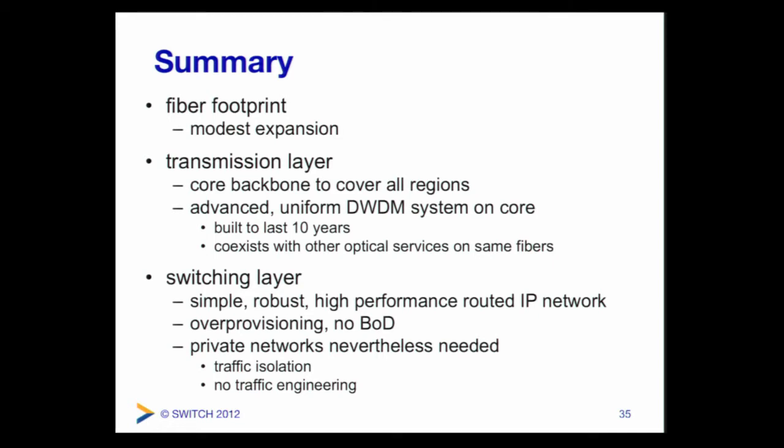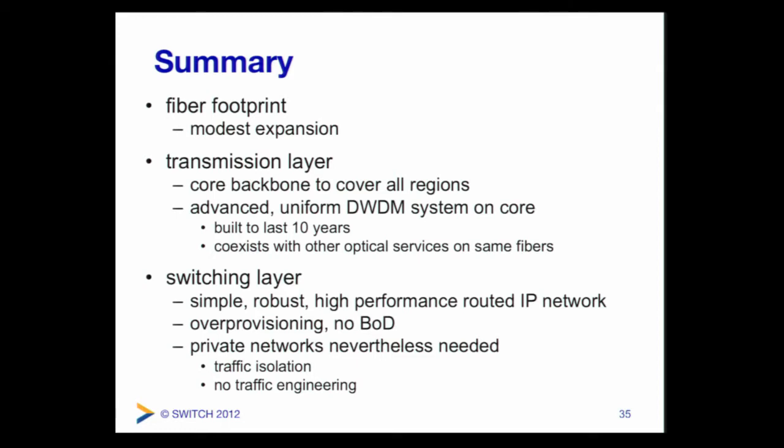We plan for 10 years again, not only for 4 years. I think the decision we make and the vendor we select for the DWDM system will be for 10 years, I guess. And we would very much like to have coexisting services on the same fibers for time people, or maybe to connect small sites with cheap technology.